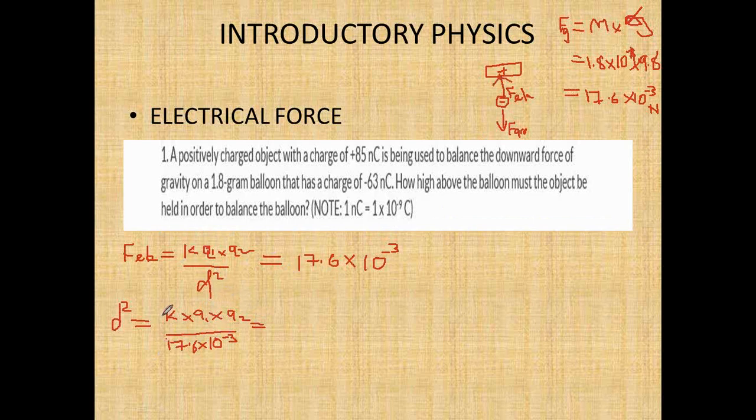So D squared is equal to K times Q1 times Q2 divided by 17.6 times 10 to the minus 3. When we simplify this, K is 9 times 10 to the power 9.